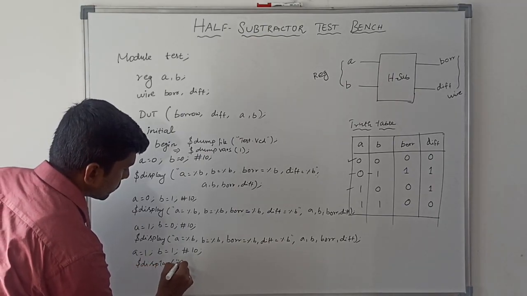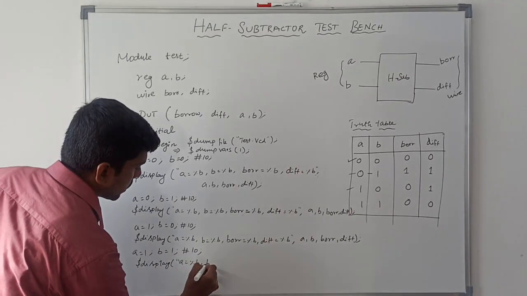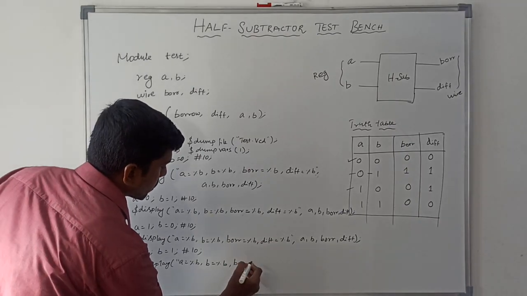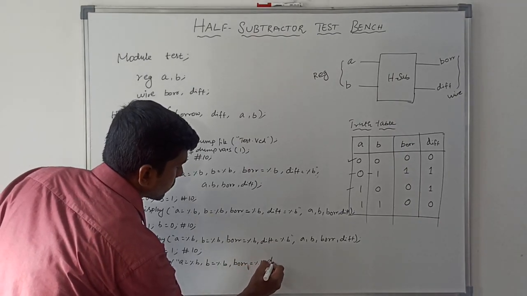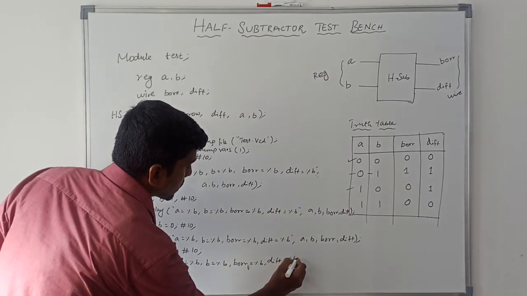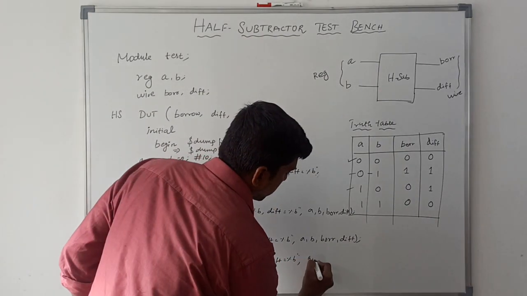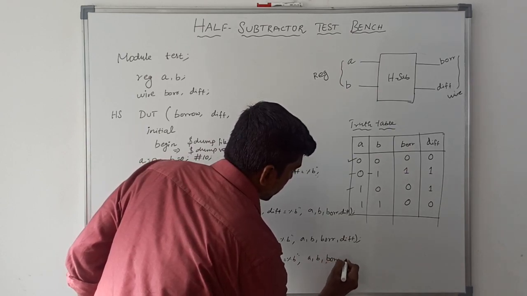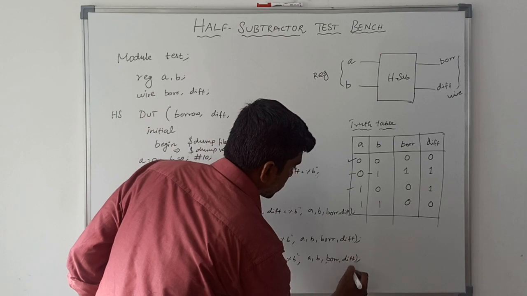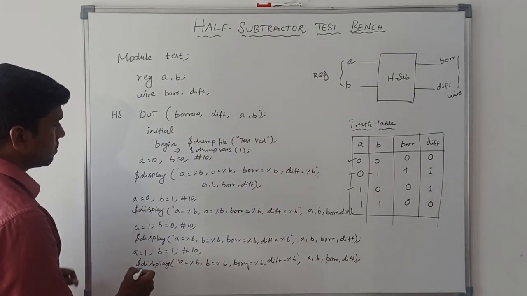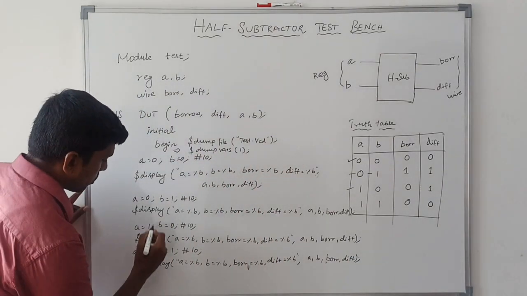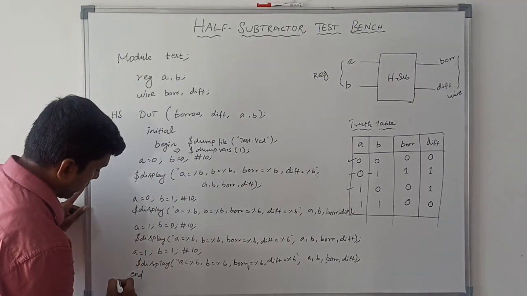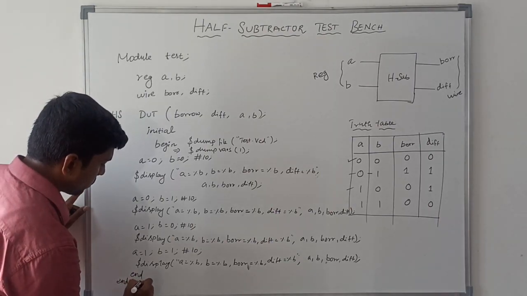Display A equal to percentage of b, B equal to percentage of b, borrow percentage of b, difference equal to percentage of b, then show the output A comma B comma borrow comma difference. Finally end the operation. So end, then the final instruction is end module. So close the module.